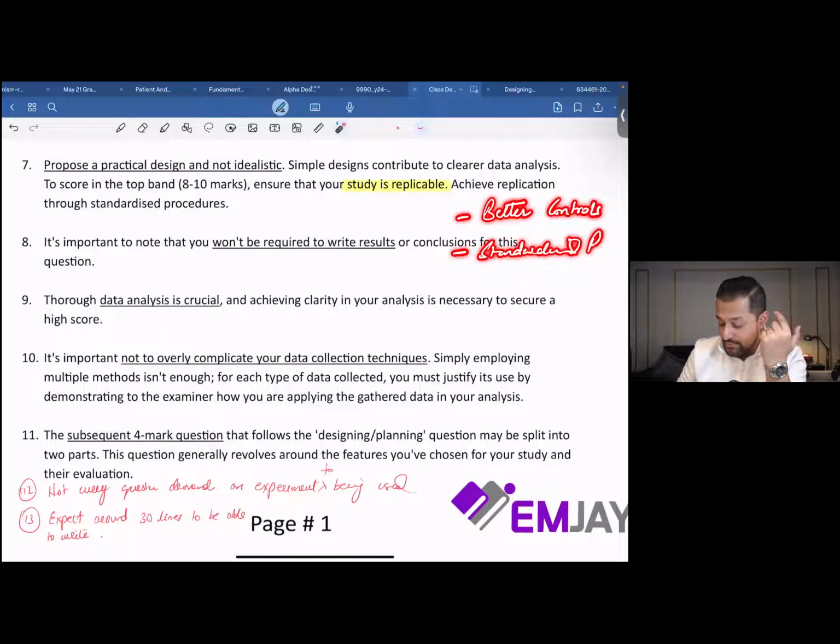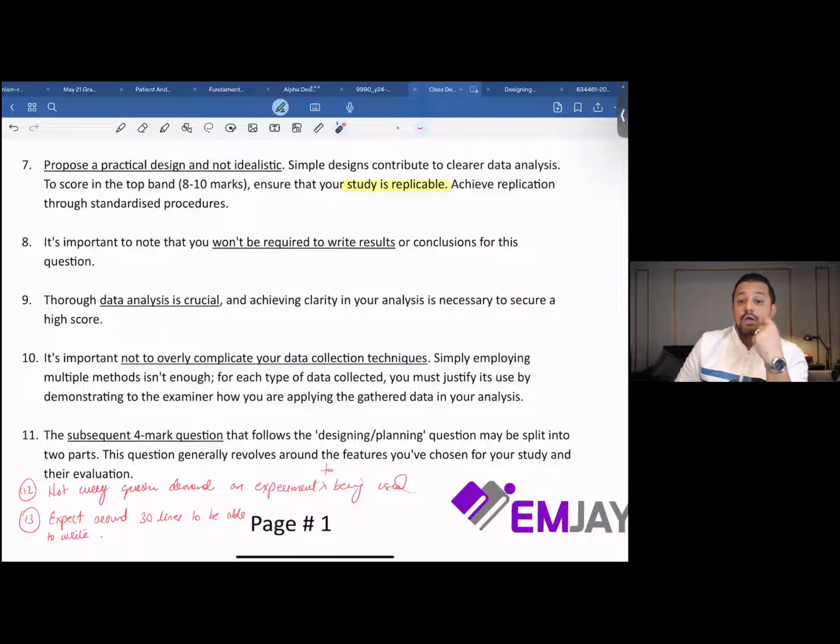A standardized procedure would lead to better replication of the study, and a better replication of the study would increase the reliability of the research. So yeah, to score in the top level, that is 8 to 10 marks, ensure that your study is replicable. Achieve replication through standardized procedures.